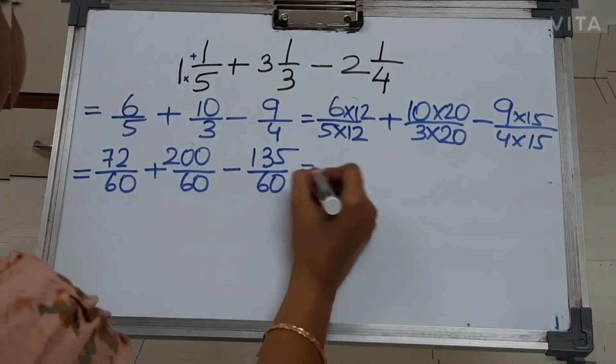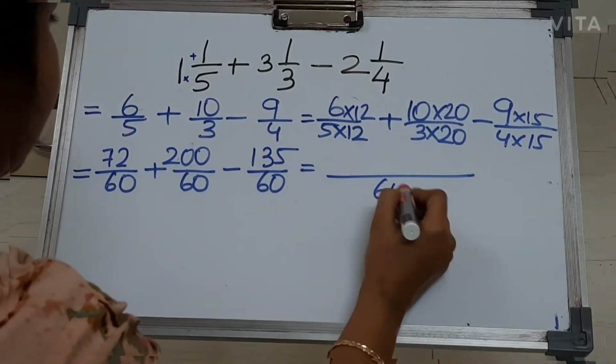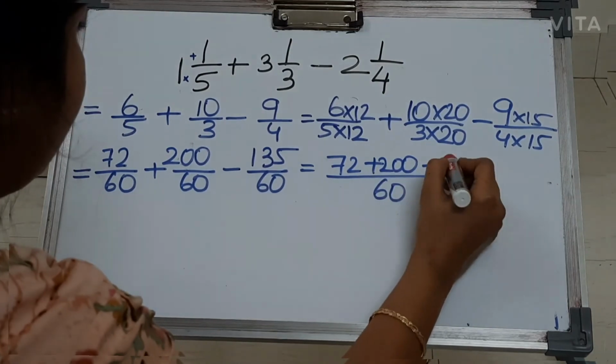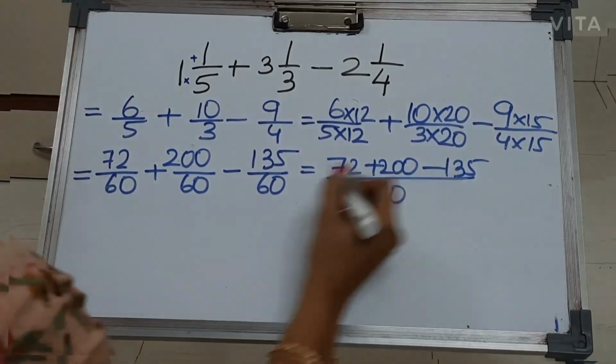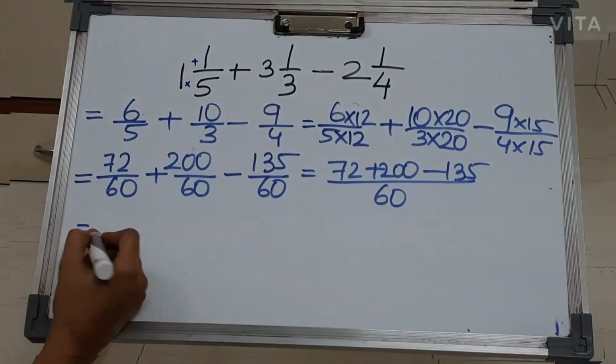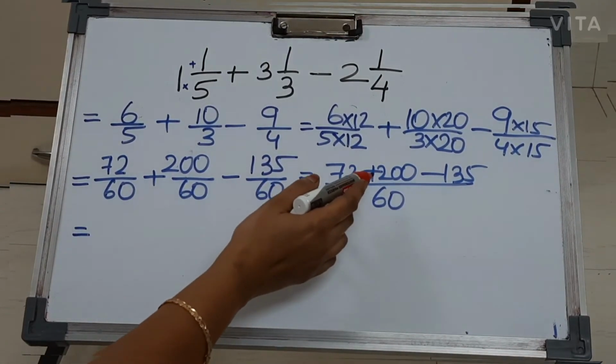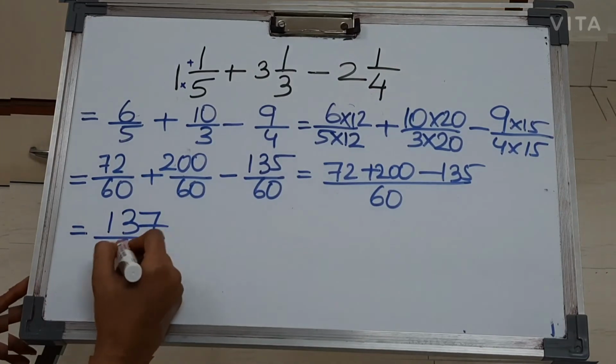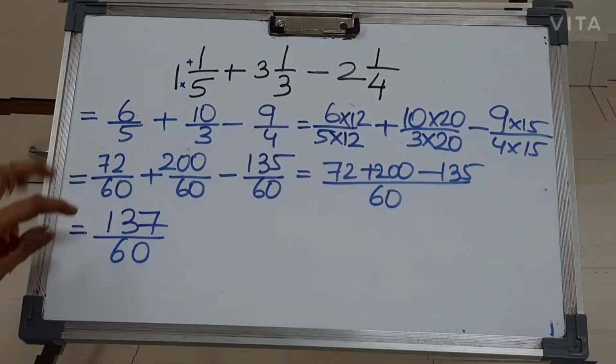Now again denominators are the same. We will follow that step. 72 plus 200 minus 135. So our answer here will be what? 272 minus 135 will be 137 by 60. Again this is an improper fraction.